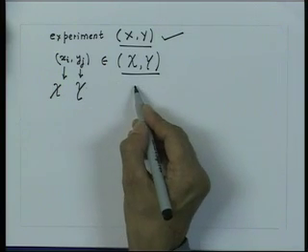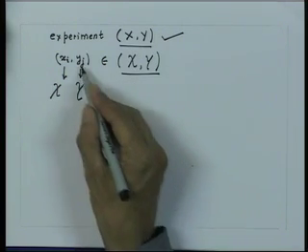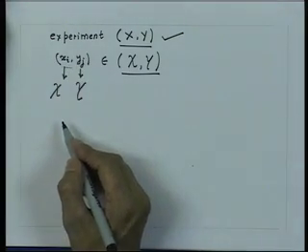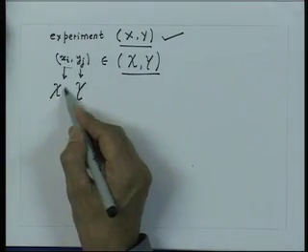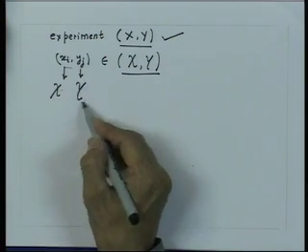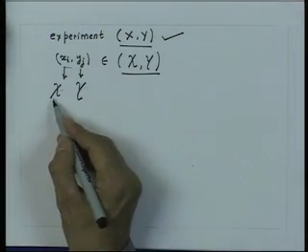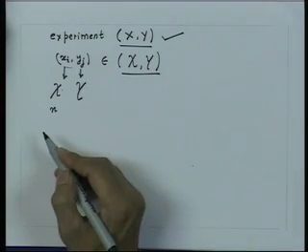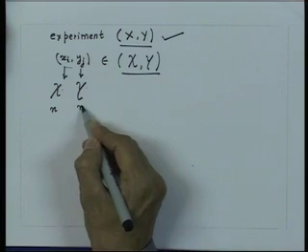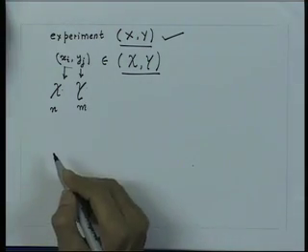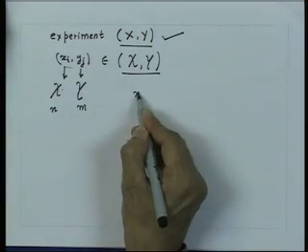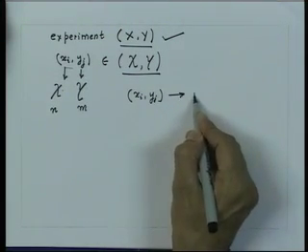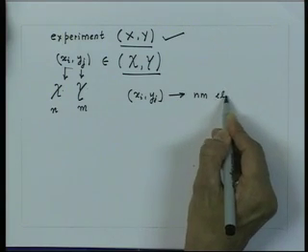Now, the number of events which can occur, given by x_i y_j, will depend on the size of the sample space x and the sample space y. Let me assume that the size of the sample space x is n elements and the size of the sample space y is m elements. So, totally I will have nm elements.